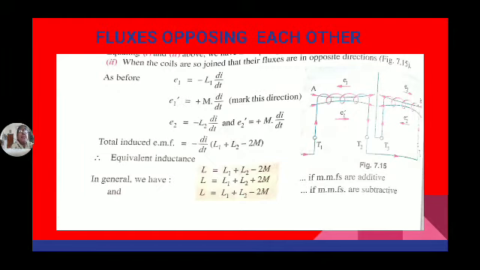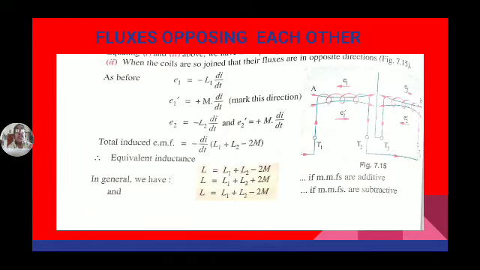Similarly, the EMF developed in coil 2 is again self-induced EMF plus mutually induced EMF: minus L2 di by dt, whereas the mutual EMF is plus M di by dt. So the total EMF induced is equal to the EMF induced in coil 1, E1, plus the EMF induced in coil 2, E2.